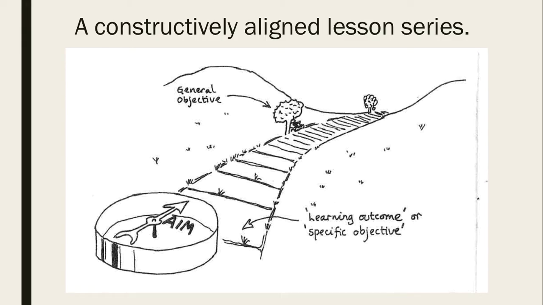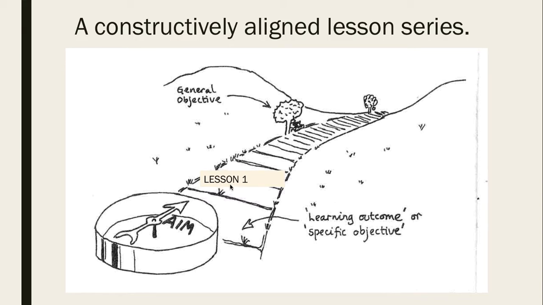Okay. A constructively aligned lesson series is one that makes sense in terms of the aim, where we're going as teachers and learners, the outcomes or specific objectives, the general objective. So we know what our aim is as teachers, what we would like our students to improve or develop.